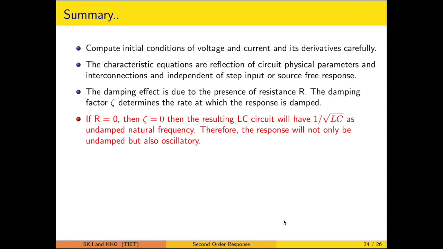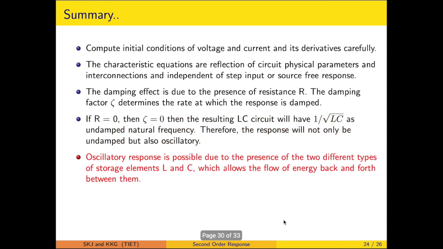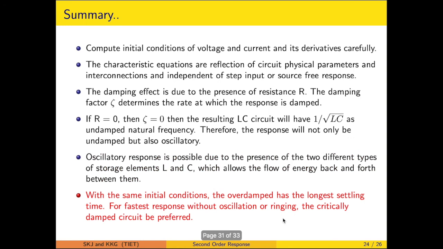Therefore, the response will not only be undamped but also oscillatory in nature. Due to this oscillatory response, the energy will keep on changing between the inductor and the capacitor. This situation arises when there are two different types of energy storage elements, inductance and capacitance.